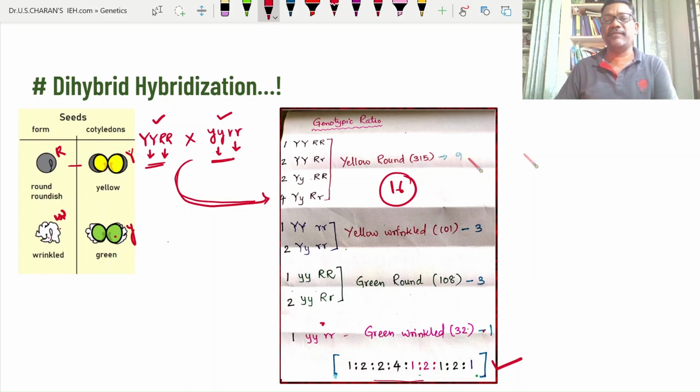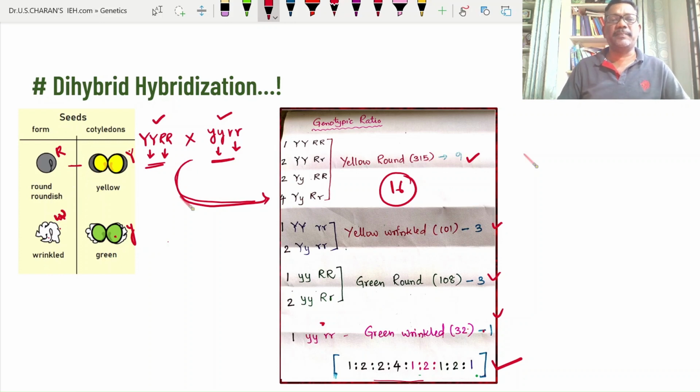Those 4 types of phenotypes appear in the ratio 9:3:3:1, and different genotypes are formed. Then how are these different genotypes and phenotypes formed from only 2 types of homozygous parents? How is it possible?